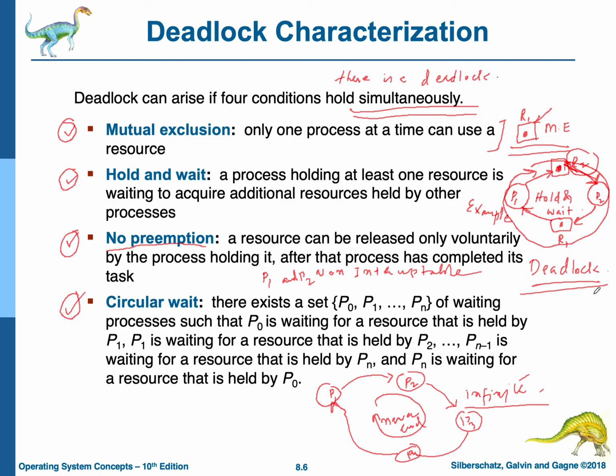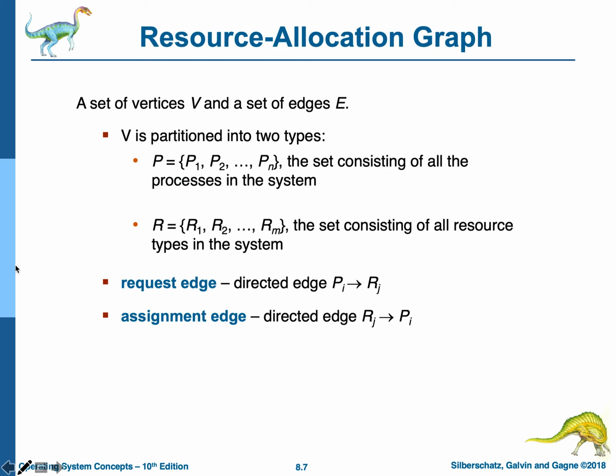So whenever we are studying some algorithms, or whenever we are implementing some algorithms, deadlock avoidance should be cleverly designed to check these conditions first. If these conditions are met, then we can say that there is a deadlock. Otherwise there is no deadlock.